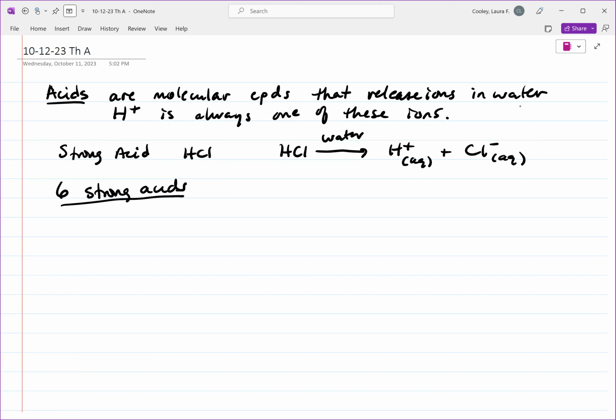Does the first page have a table of acids? Oh, where the heck is the acid table? I must have given it out. Oh, it's on the back page of the previous packet? No, that's just, you're thinking of the solubility table. Here. You're right, yeah, the back page of the previous packet.